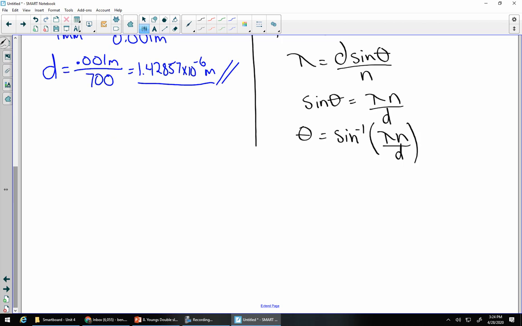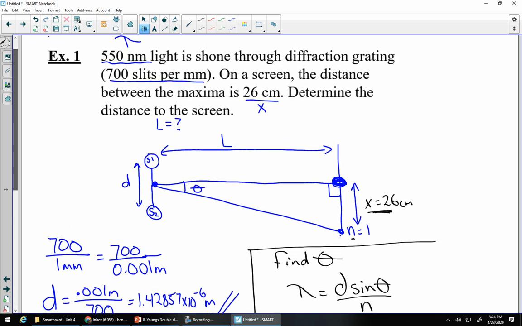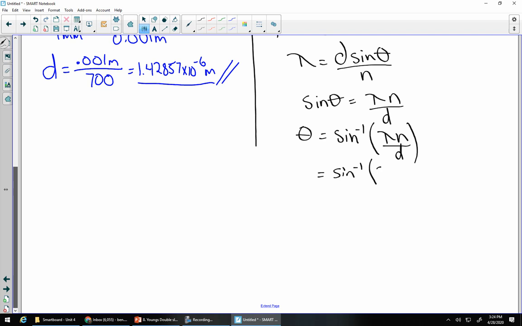And all we've got to do is plug in some numbers. So go ahead and do that now. That's inverse sine of 550 nanometers. Let's change that into meters, so 550 times 10 to the negative 9 meters. Times n, which is 1, so I'm going to leave that out.